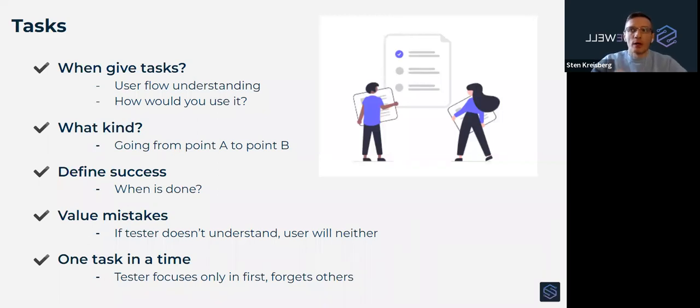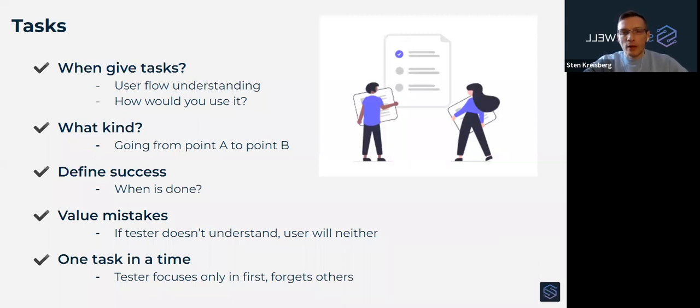Also, when you want them to go from point A to point B. For example, in some e-shop, you want them to buy something and reach the final goal. Also, if you define success, for example in an e-shop, that when the order is registered or confirmed, then it is a success. Then the person also understands that, okay, now my task is done, everything is great.